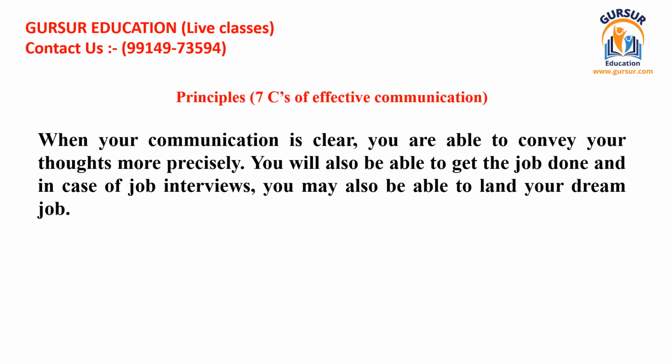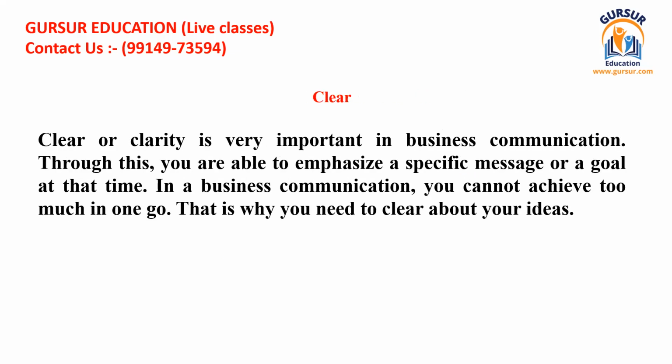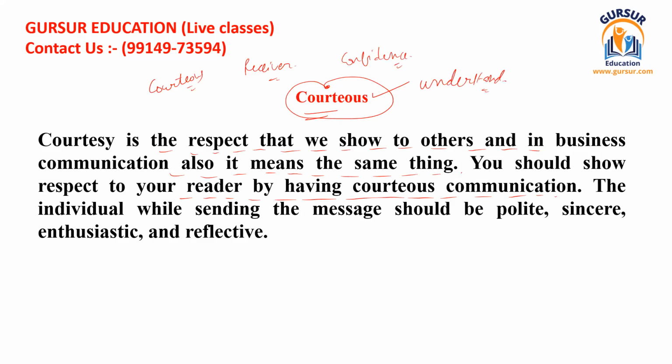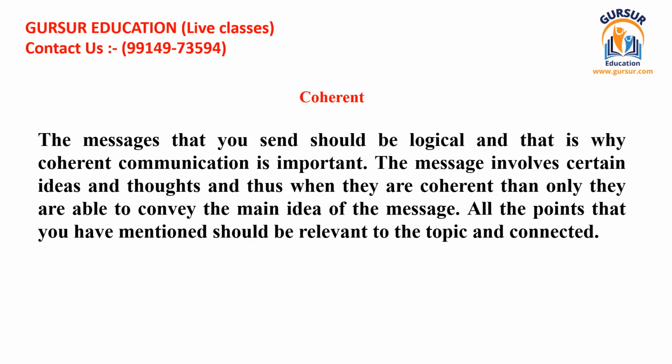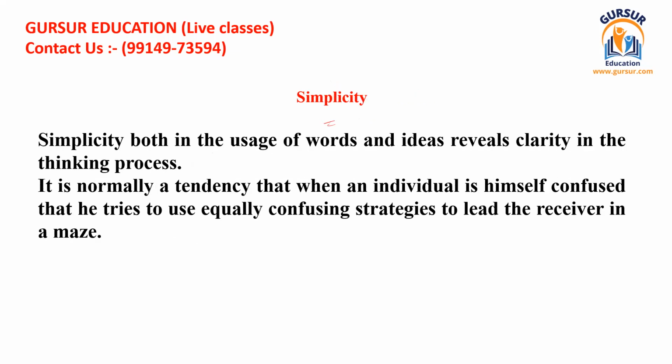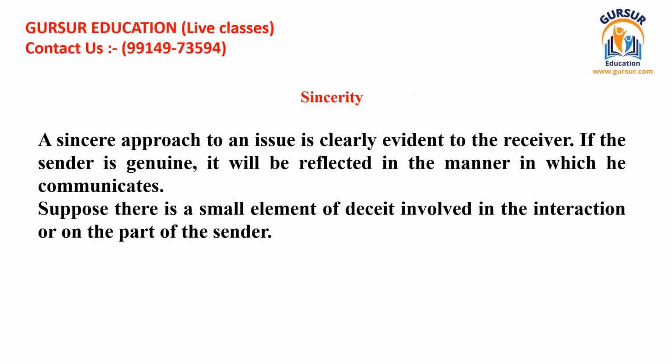After that we studied the different C's. These were concise, clear, correct, concrete, complete, courteous, and coherent. After that, we studied the four S, which are also considered to be the principles of effective communication. And these were shortness, simplicity, strength, and sincerity.